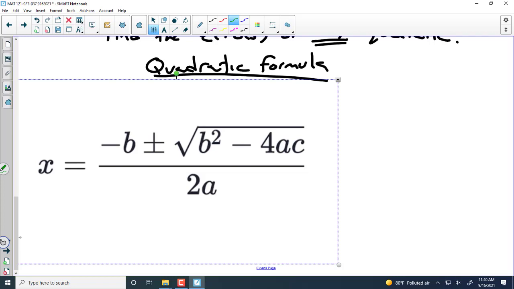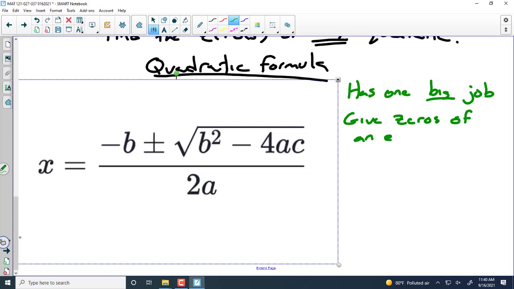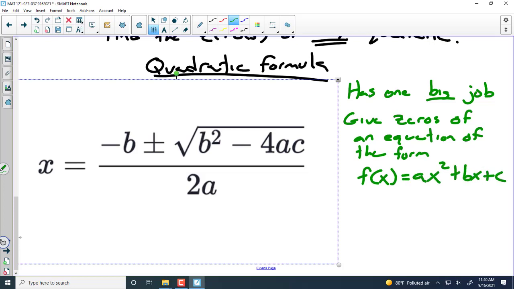What's interesting about this is it has one big job, and that is give the zeros of an equation of the form, and several smaller jobs. There are a couple other things you can do with it, but it's amazing how often it seems to come up in mathematics when it really only has one big job, and that is find the zeros of something of this form.